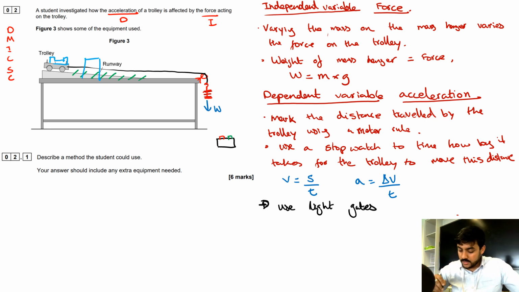Okay, and when the trolley goes through the light gate, it measures how long it takes, or it measures the velocity of the trolley at that point. And it would use some maths, exactly the same maths as we were going to do manually, to measure the acceleration of the trolley. So it uses light gates, and I'm going to have to consult the mark scheme to see what the mark scheme says specifically.